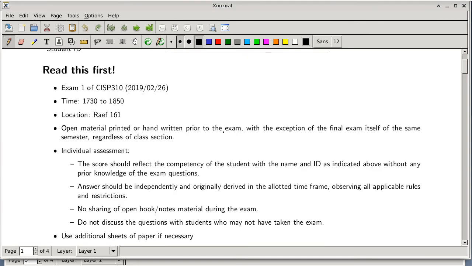Obviously, the time is going to be different, and the date is going to be different, so that part is pretty clear. It is open material. In other words, you can bring in as much material as you want that is either printed or handwritten prior to the exam. So it can be a textbook. If somebody finds a textbook that talks about the material that we are talking about in this class, or you find a Wikipedia page on Carry Look Ahead, and you say, well, that seems to be explaining the stuff a lot better than the class notes, you can print it out and bring it with you.